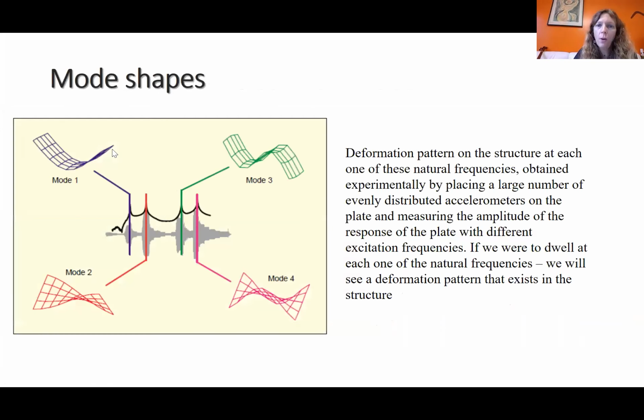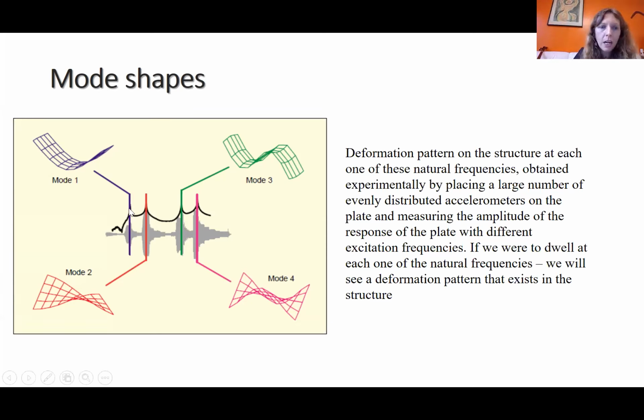So we can look as well at the mode shapes. That's the deformation pattern on the structure at each one of these natural frequencies. How are they obtained? They are obtained experimentally by placing a large number of evenly distributed accelerometers on the plate and measuring the amplitude of the response of the plate with different excitation frequencies. So if we were to dwell at each one of the natural frequencies, we will see a deformation pattern that exists in the structure.